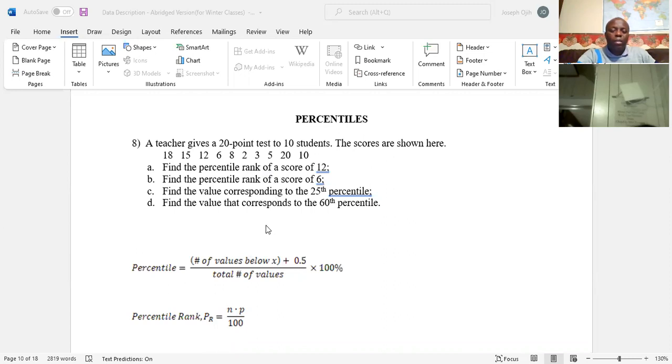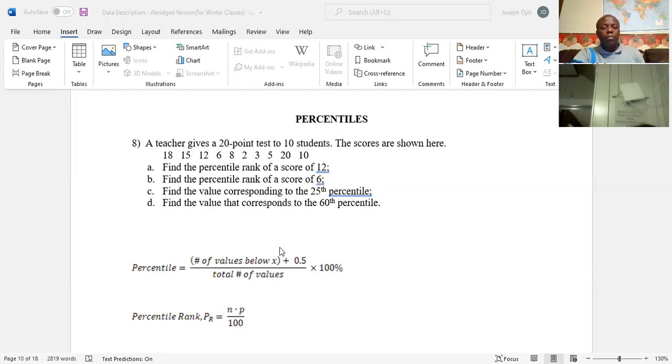Some books use it, some books don't, but for our class, we'll be using it as the formula for calculating the percentile. So the percentile is the number of values below X, plus 0.5, the correction factor, divided by the total number of values, times 100%.